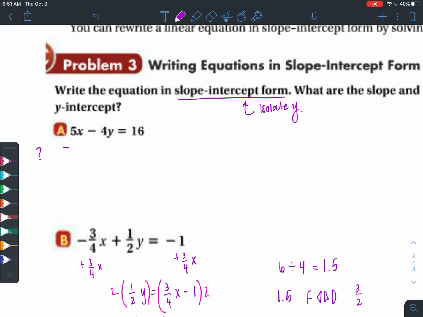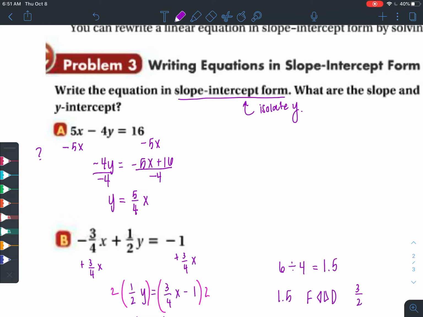So what you should have done is you should have subtracted 5x from both sides. So we get -4y equals -5x plus 16. Then divided by -4. When you divide by -4, you have to divide everything by -4. So -5 divided by -4 is just going to be 5/4x.